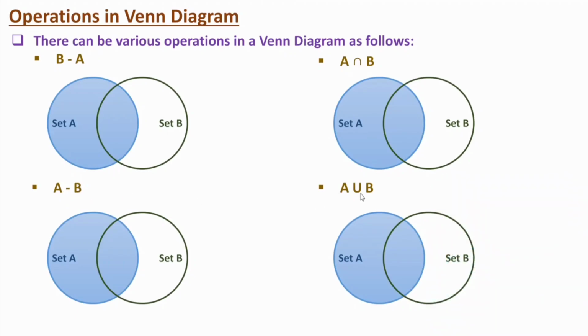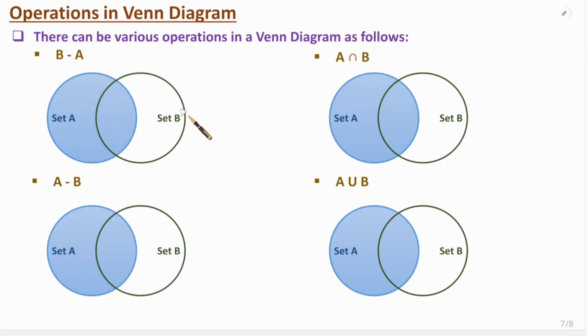So here, if you talk about B minus A, then we need to perform the operation that is set B minus A. So that should cover variables which are there inside B and should not be there inside A. What it means? Here we have set B and here we have set A. So B minus A means we will be having all the possible variables which are there in this region, right?